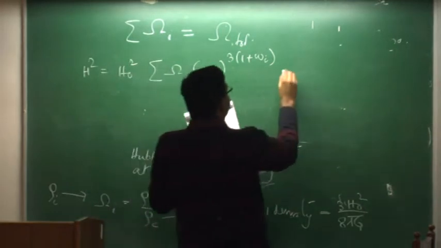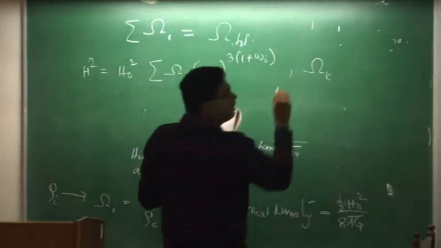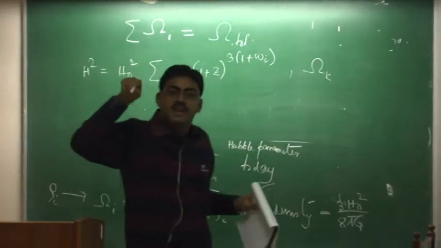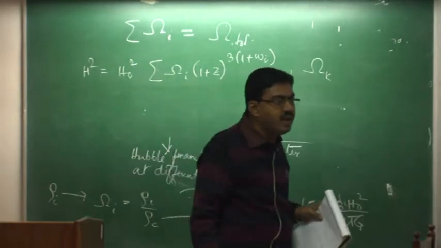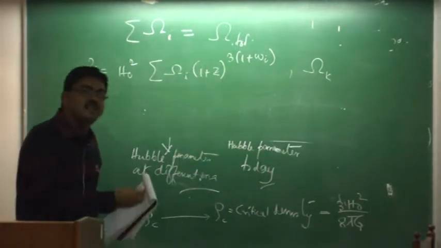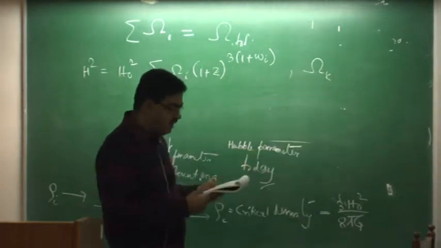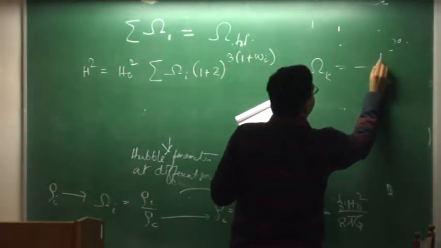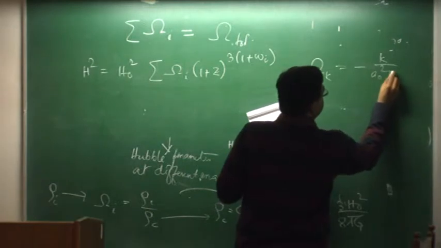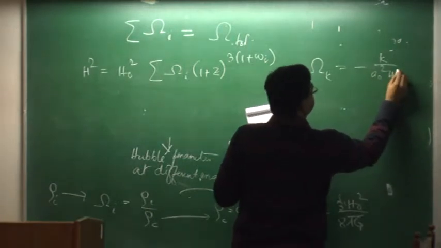With the curvature, you have a curvature term k by a squared sitting over there as well. So for that curvature, you also attribute an omega parameter over there, which is basically given by minus k by a naught squared H naught squared.